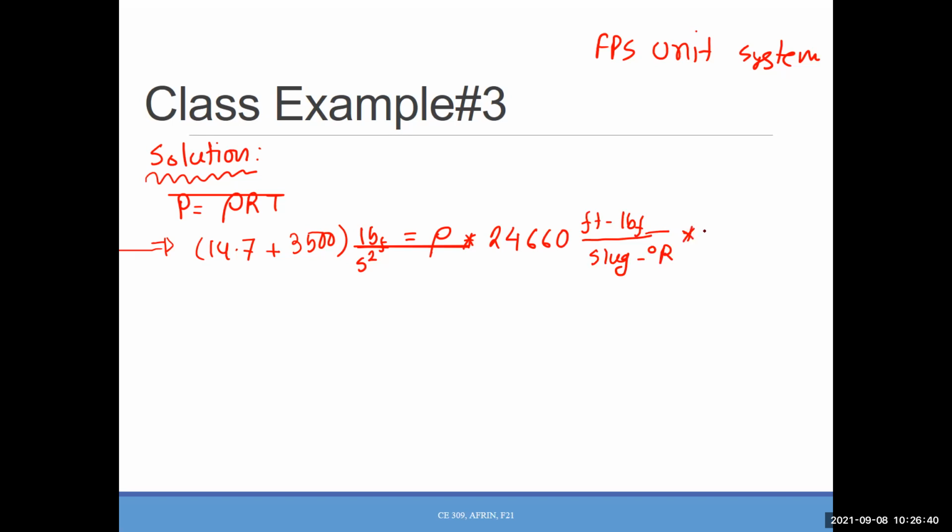Now the temperature is given in what unit? Do you think Fahrenheit is the absolute temperature unit or the standard unit? It's not. For the FPS unit system, what is the standard unit for temperature? It's Rankine. Okay, good.